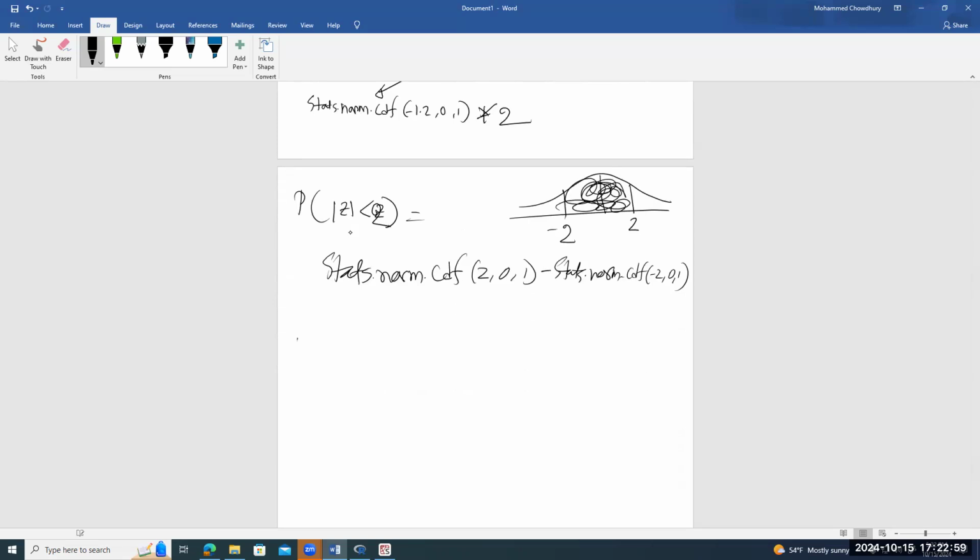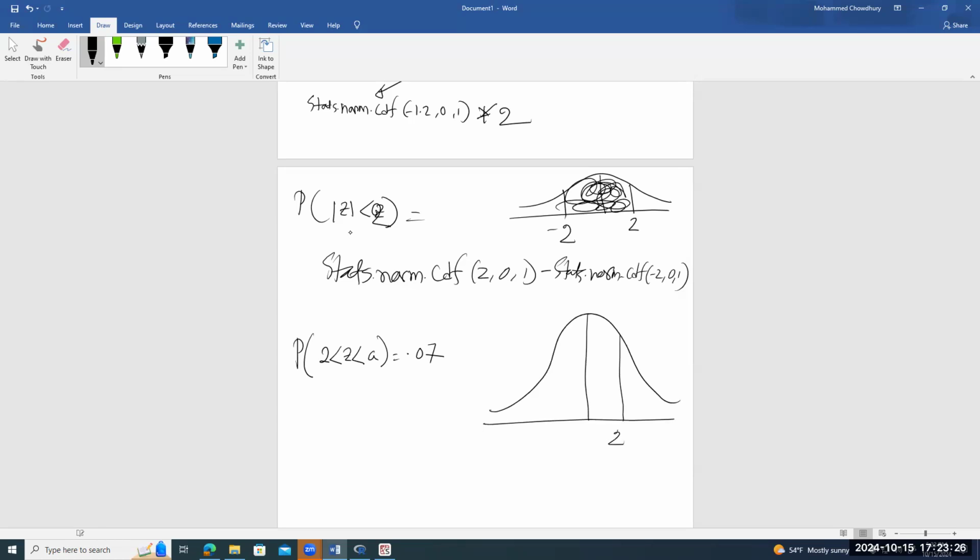So now I want you to solve this problem. Probability of 2 less than Z less than A equal to 0.07. If you want me to draw the graph, I can draw it for you.